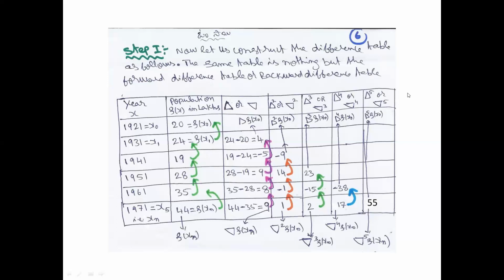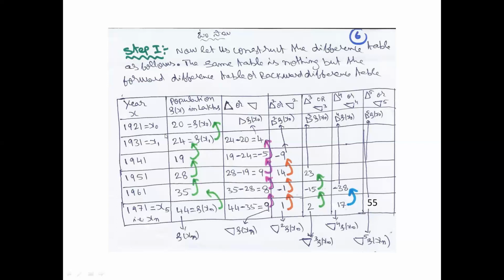This is the forward difference table. If it is a backward difference table, use the notations for the same table. Backward difference, we are calling it del or nabla. So this is del, del square, del cube, del to the power of 4, del to the power of 5.